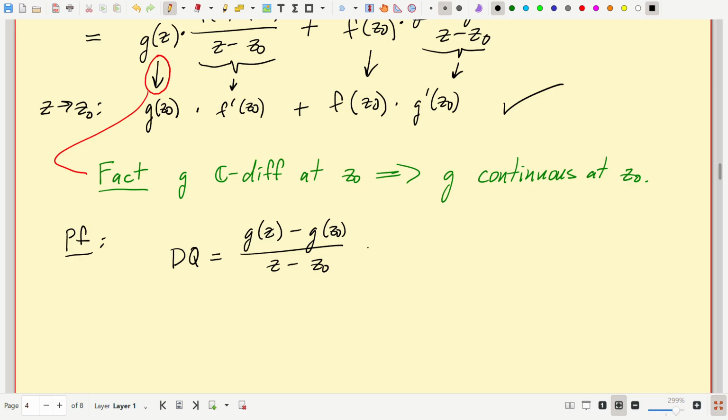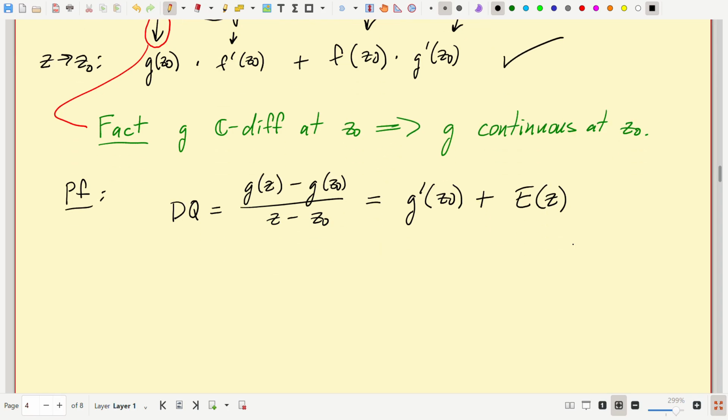And that tends to G prime of Z naught, so I'm going to write it as G prime of Z naught plus an error, E of Z. The difference quotient tends to G prime of Z naught, so that error goes to 0 as Z tends to Z naught.